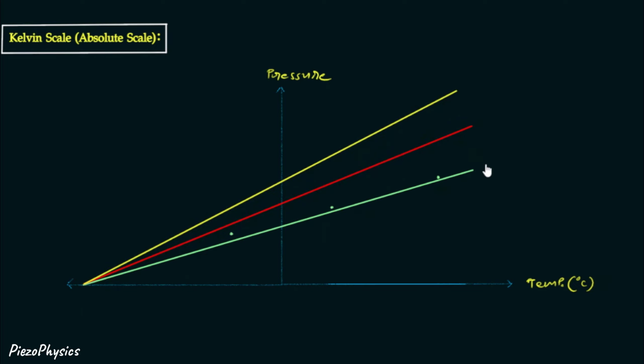So, if these gases are A, B, and C, here we can take 0 degrees Celsius, and the point where these three lines meet was minus 273.15 degrees Celsius. This point is our 0 Kelvin.